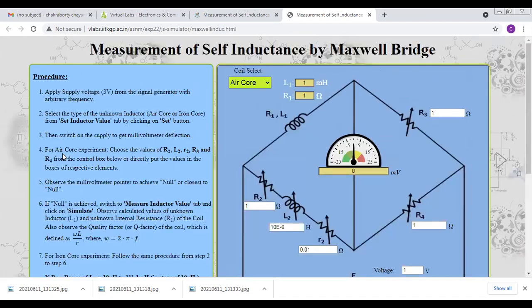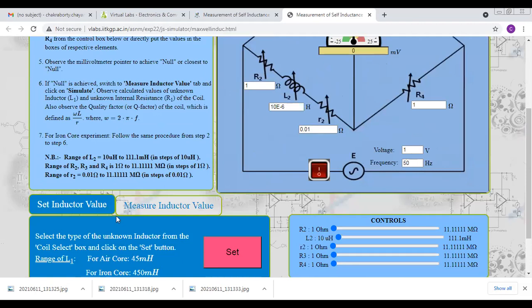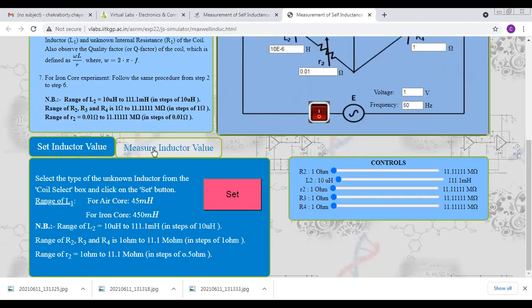Then observe the multimeter pointer, whether it is null or closest to the null position. If null is achieved, then measure the inductor value. Tap and click over the simulation. Measure the inductor.